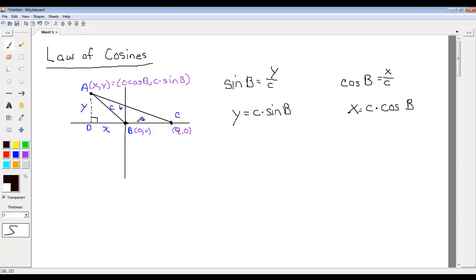Okay, so we've got all these coordinates. Point C has coordinates a, 0, point B has coordinates 0, 0, and point A has c cosine B, comma c sine B. All right, now let's find the length of side b. Let's do that using the distance formula.